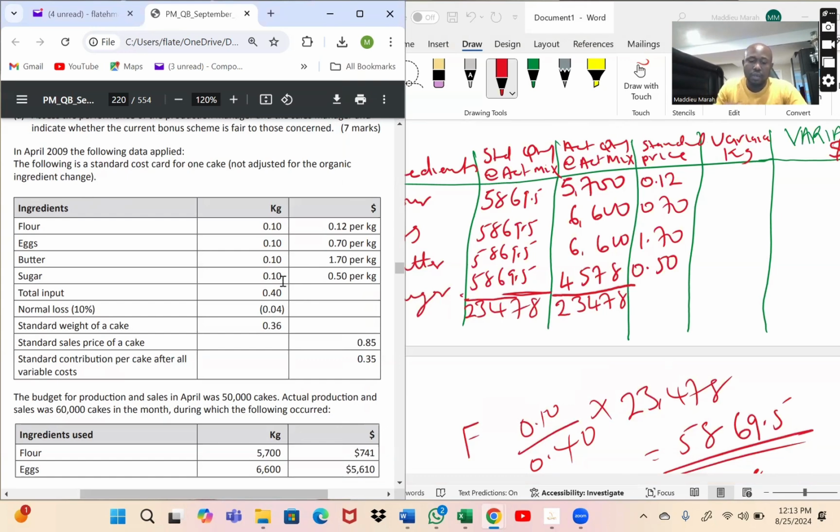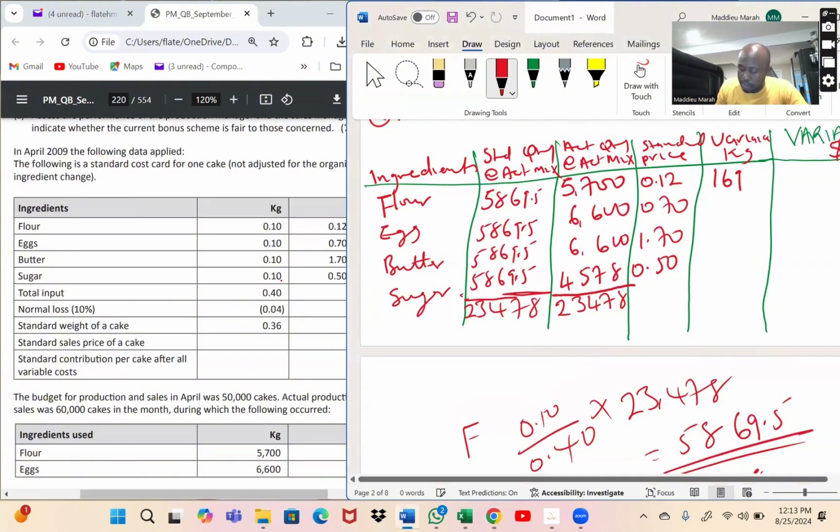This gives me 169.5. So that is my difference. 169.5 multiplied by the standard price for that product, flour, gives me the variance in value.